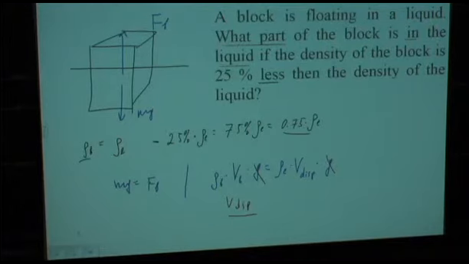What part of the block is in the liquid? What part means what percentage? So that's the ratio we need to calculate: the volume displaced over the total.